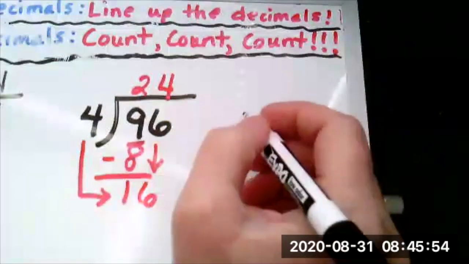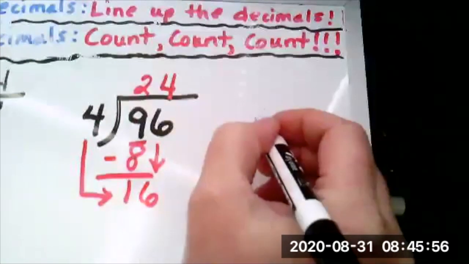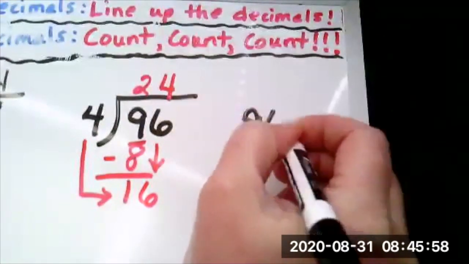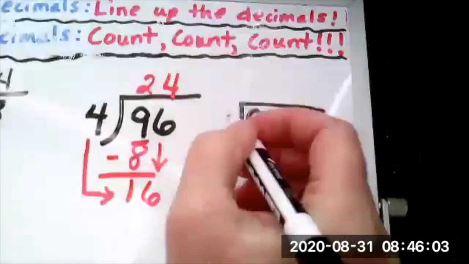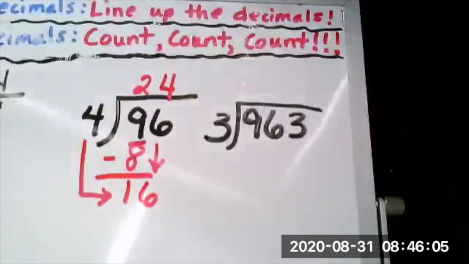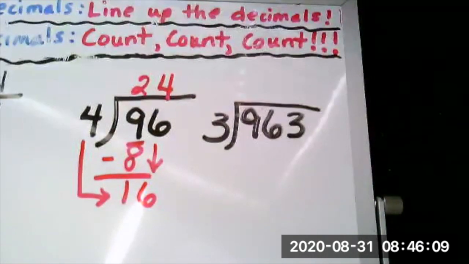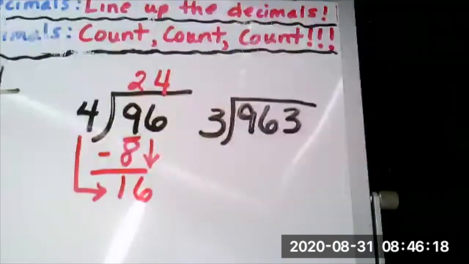Okay? How about 963 divided by 3. Start simple and we'll work up to more difficult problems. Okay, go ahead and do this one on your whiteboard. A single digit into a triple digit. And I'll leave my example here for you to see in case you need a refresher.